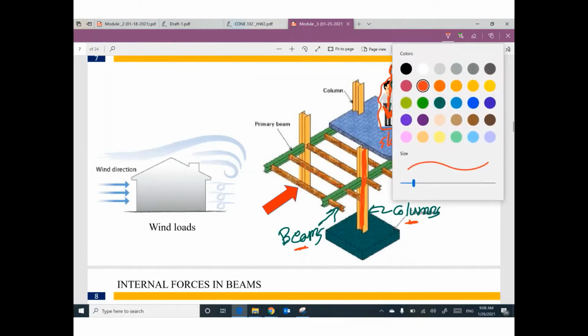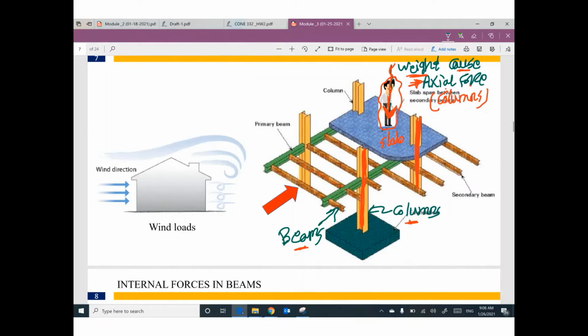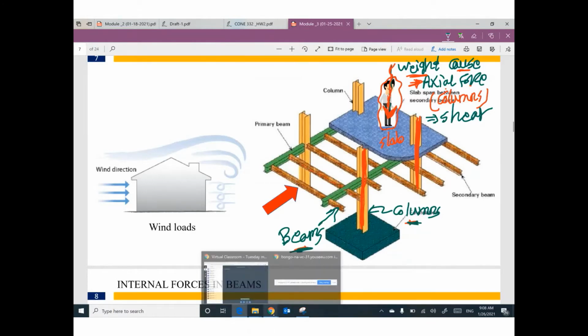The second question, the weight of this person will cause shear in which part of this building? Columns or beams? What do you think?